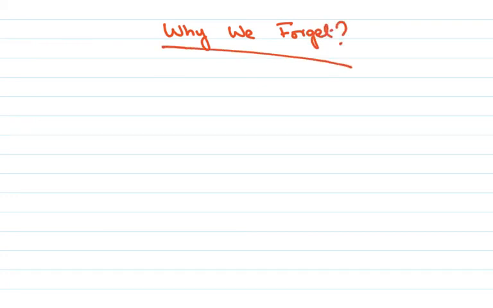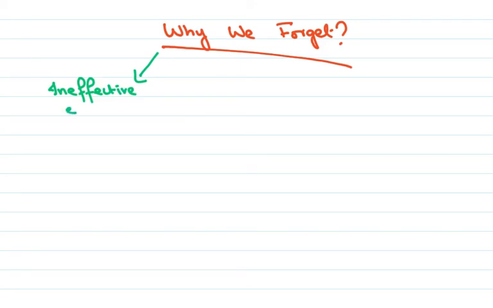Okay, so next we come to the very important question: why do we forget? The answer to this question is that there's no one answer. There are many different factors. One of the first is ineffective coding, which we talked about earlier in the beginning of the chapter.